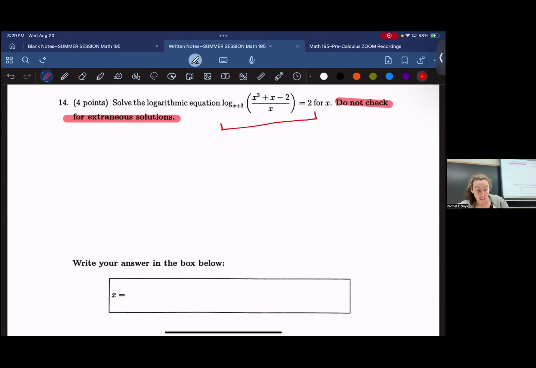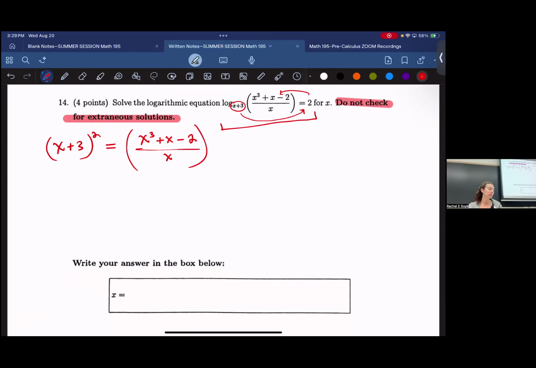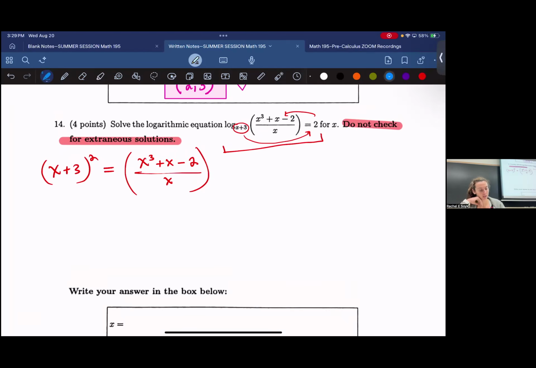Let's convert this into exponential form. What we're looking at is x plus 3 raised to the second power is equal to everything we have in parentheses here. And now let's factor out that left-hand side.